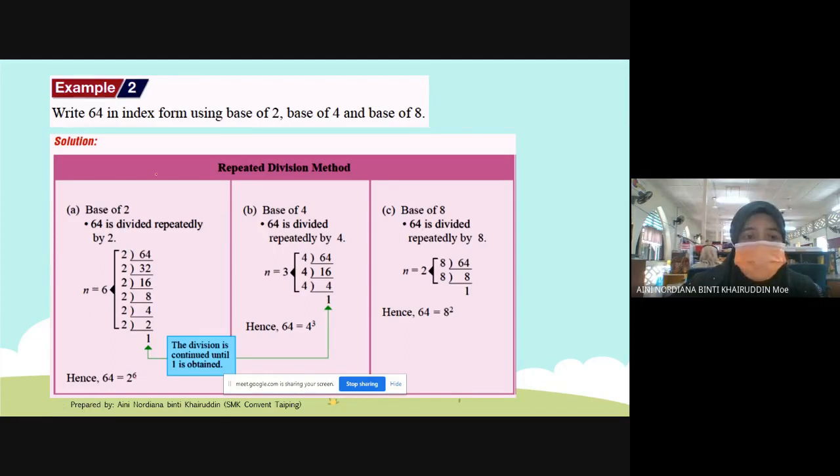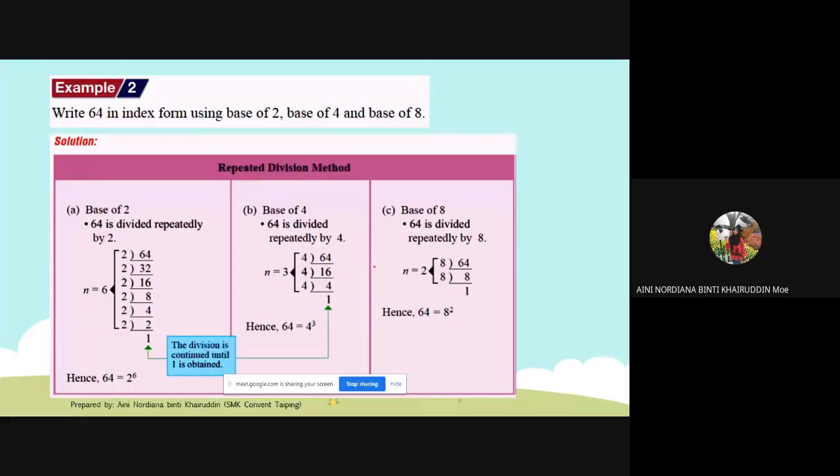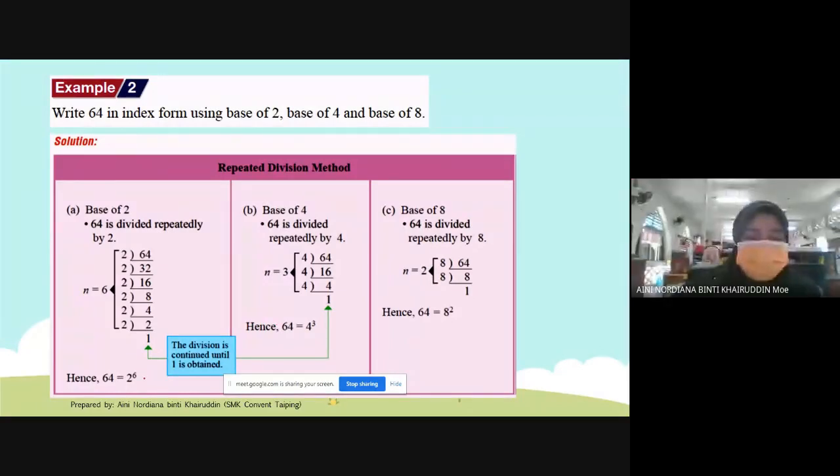If you want to write in base 4, then you divide the number by 4. 64 divided by 4 equals 16. 16 divided by 4 equals 4. 4 divided by 4 equals 1. So the answer is 4 cube. That means for the 3 different bases, all will give the same value, 64. 2 to the power of 6 is also 64. 4 cube is also 64.